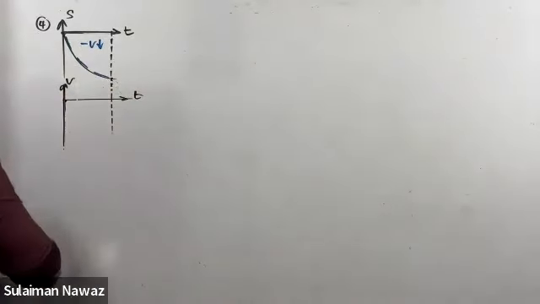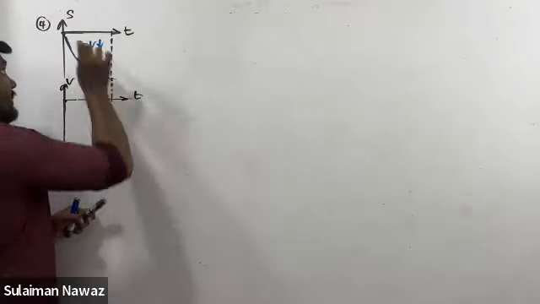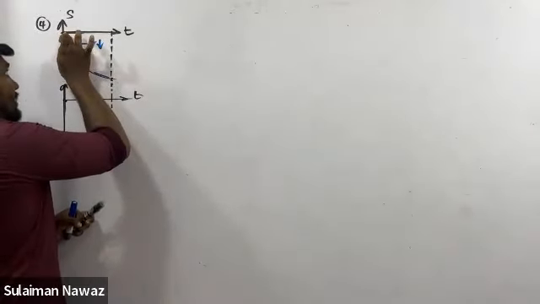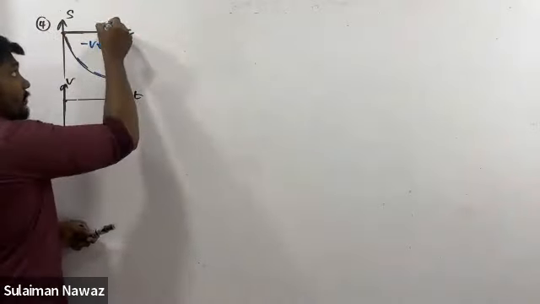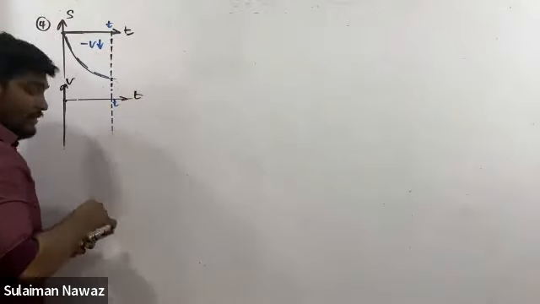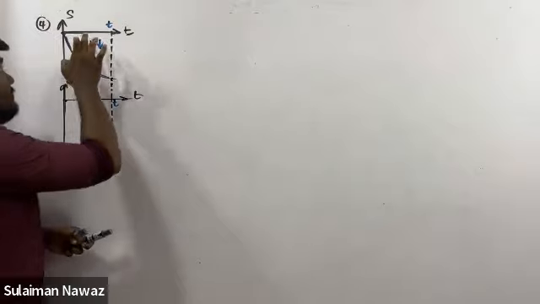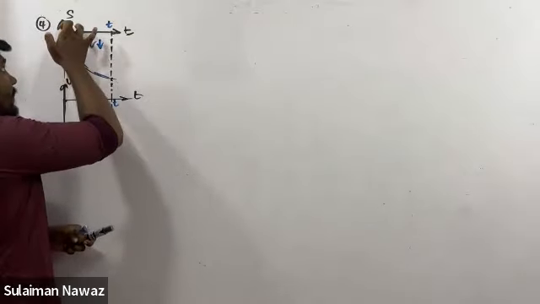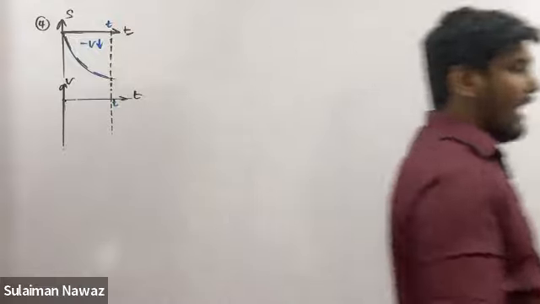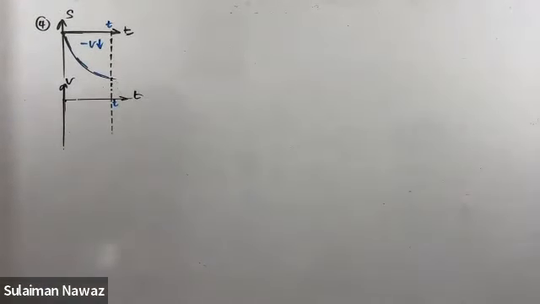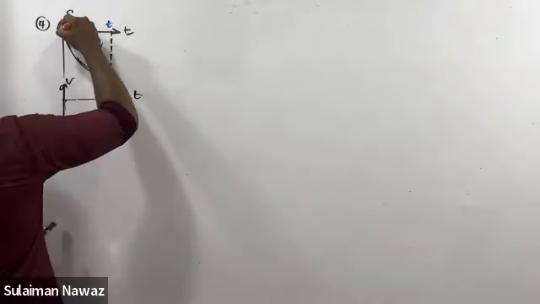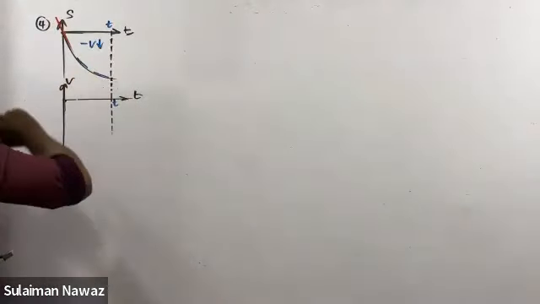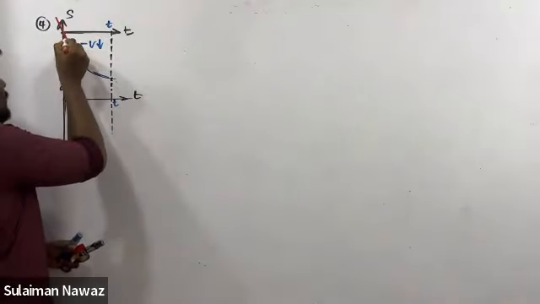Now, negative velocity decreases. And also we want to check the gradient when the time is 0 and when the time is simple t. When the time is 0, if I draw a tangent line, there's an obtuse angle.